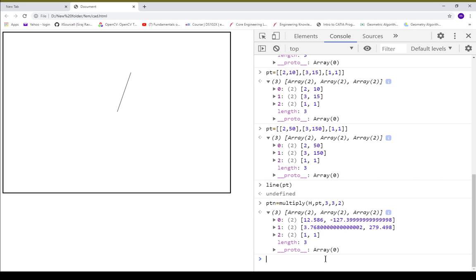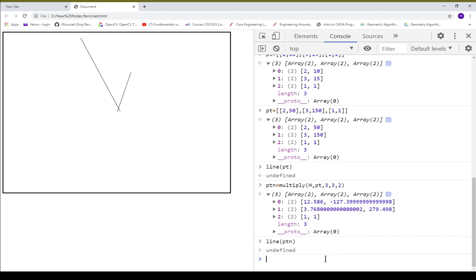Okay, so now again I can use the line command and I can say PTN. This is my new point which I'll plot. So this is how I am going to get my new orientation of the line. So the first line is the old stuff, and after performing all the operations, okay, I get the second line in this way.